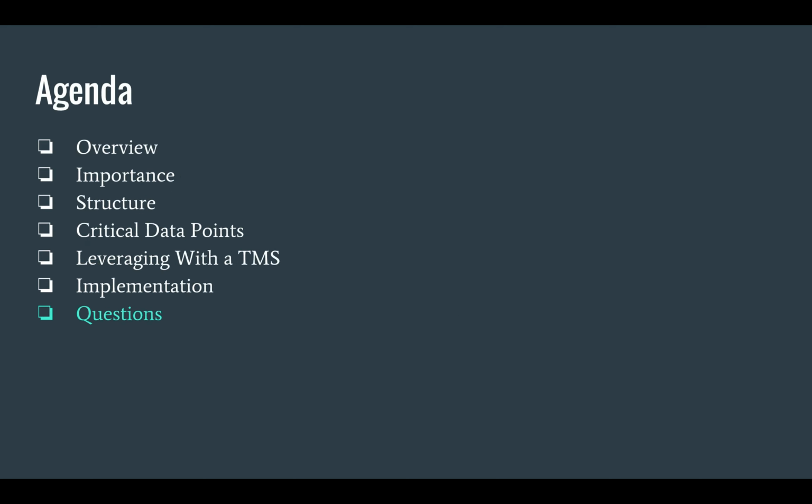So that's our overview of the data layer, what it is, how it works, and some of the important aspects that you're definitely going to want to ensure that you have available within there.